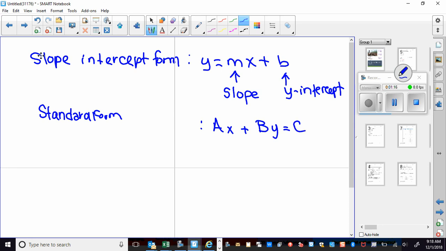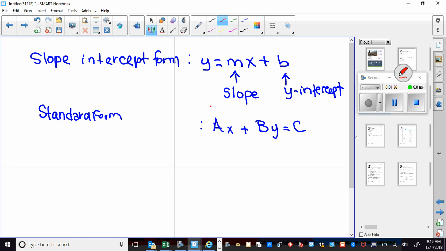Now, what these have in common is that if we wanted to transition from the standard form, we would have to move the x term and then divide each term by b.